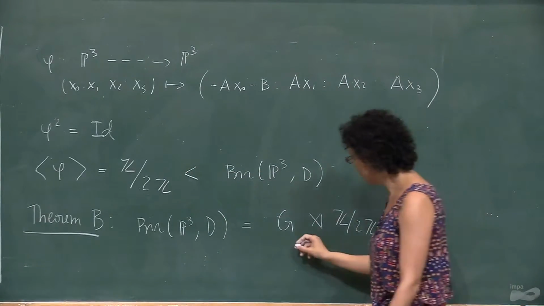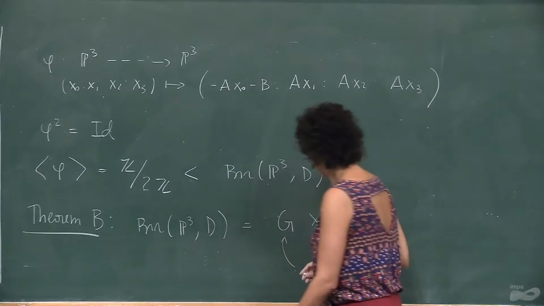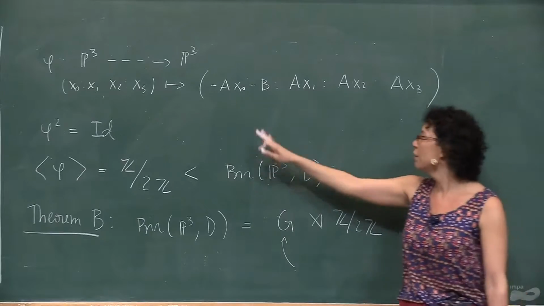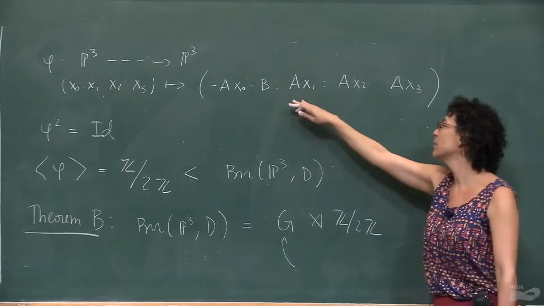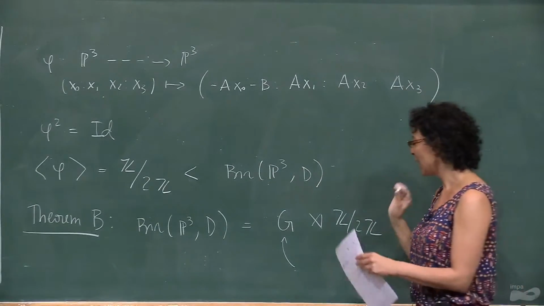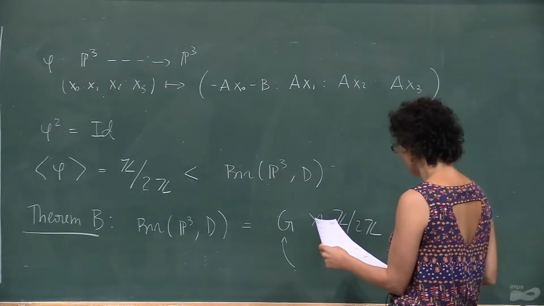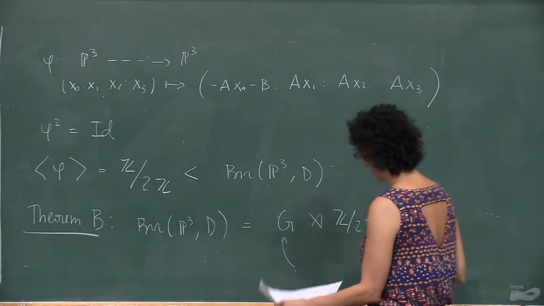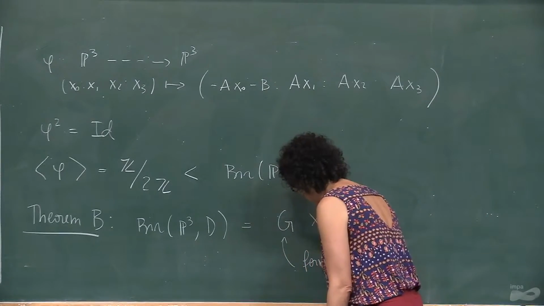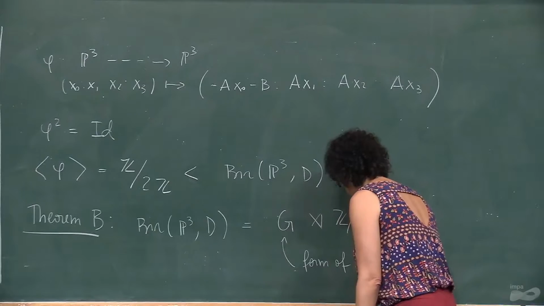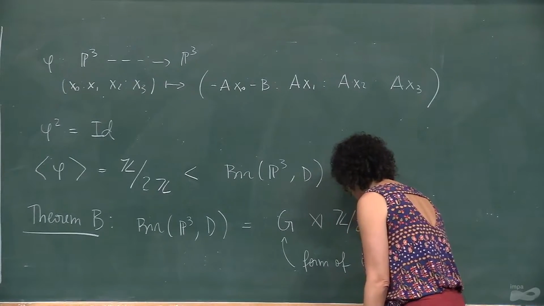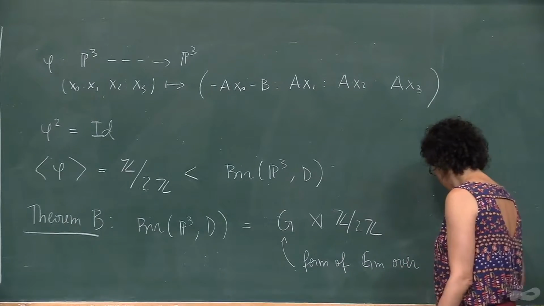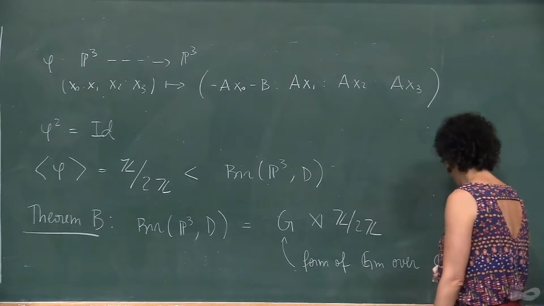And this G here, well, we actually can write down all the elements of G in a form similar to this one, or more complicated, but similar. But let me just give a description of this as a form. So this is a form of Gm over C(x,y). And here it is really 2 variables.